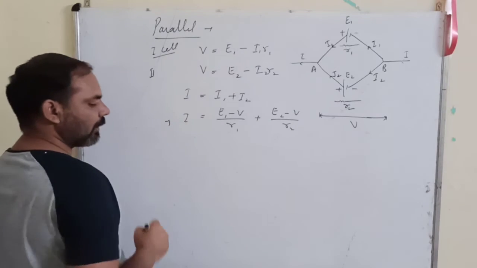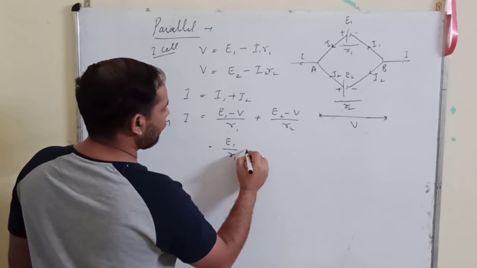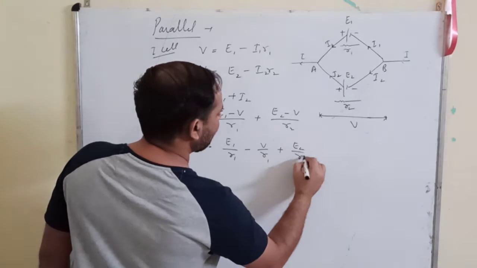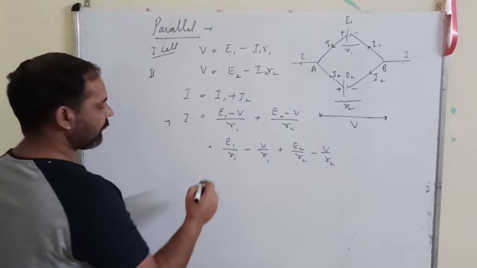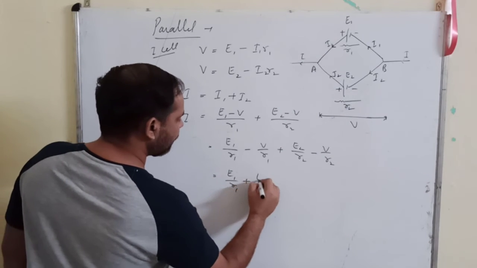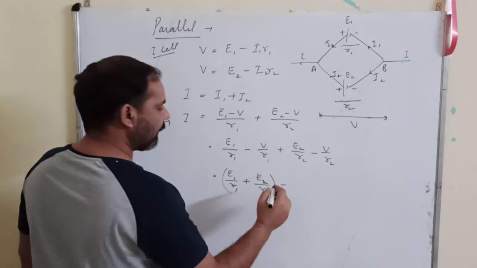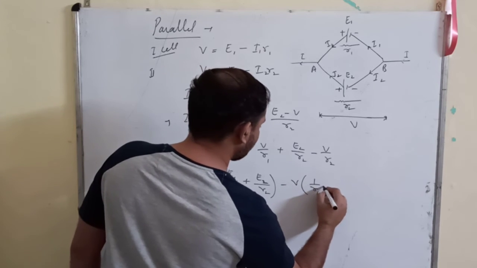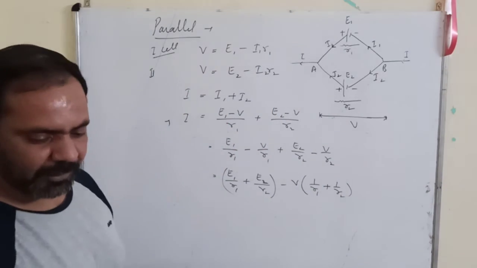This is equal to I. So now you can write E1 upon R1 minus V upon R1 plus E2 upon R2 minus V upon R2. Now you can write E1 upon R1 plus E2 upon R2 in one bracket and take minus V common, 1 upon R1 plus 1 upon R2 in the second bracket.